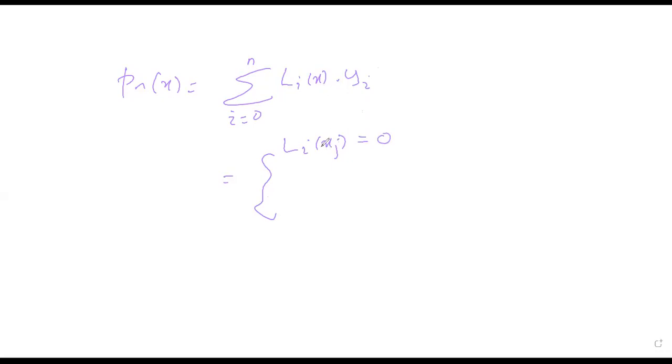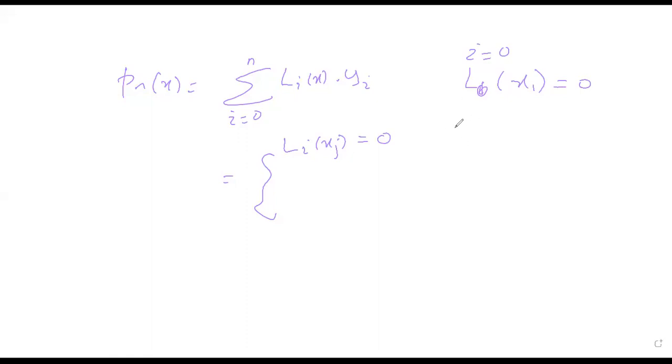If you put the xj-th value, for example, if I am considering i equal to 0, L0, and I put x1, what will happen? Can you imagine? It will be 0.